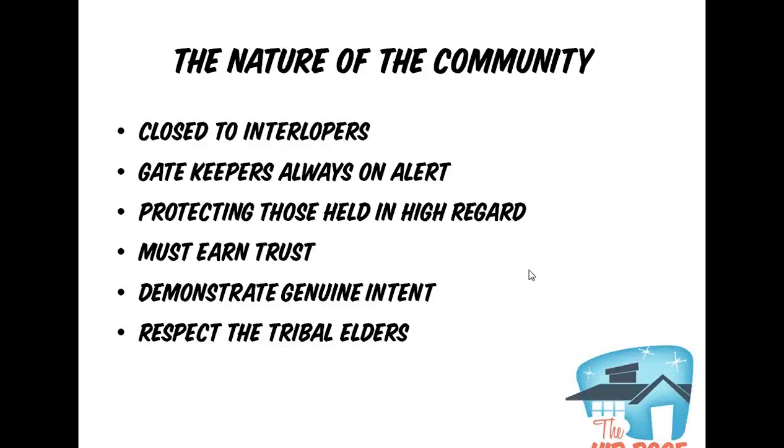Especially if you have somebody in your community who might be well known, or a celebrity, people are always trying to get something out of other people, that social climbing aspect that a lot of people do. Don't do that. Be genuine in your interactions. Just want to know people for people, and it's not an issue. So they tend to protect those held in high regard, and you have to earn trust.